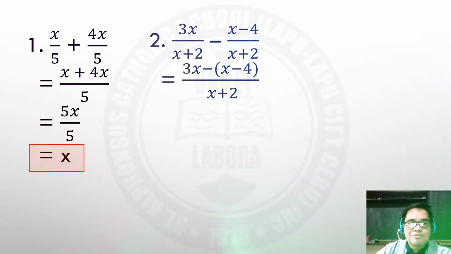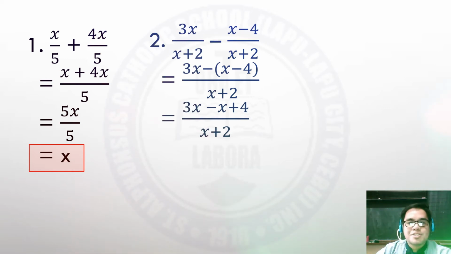There is a rule for subtraction of polynomials that we can change the sign of our subtrahend to its opposite if it is in a subtraction process. So it will become 3x minus x plus 4 over x plus 2.